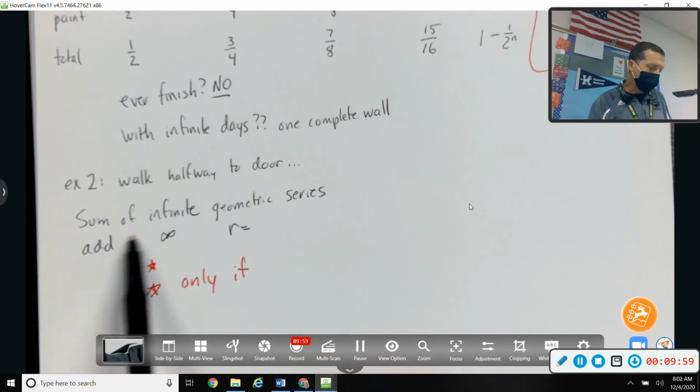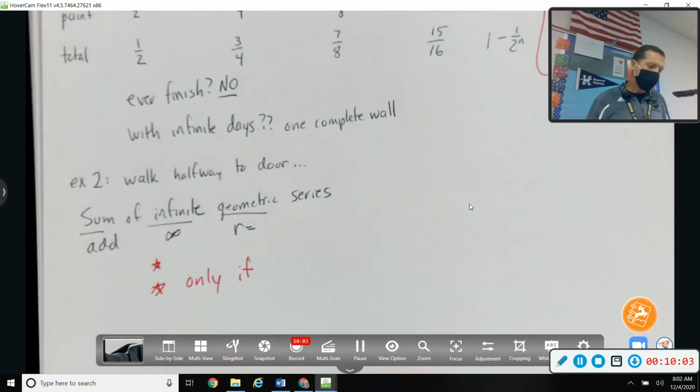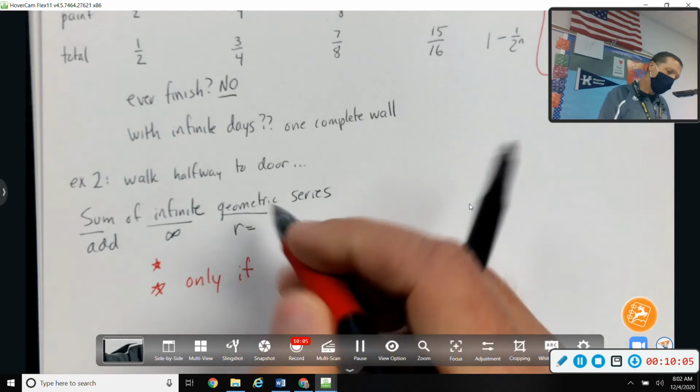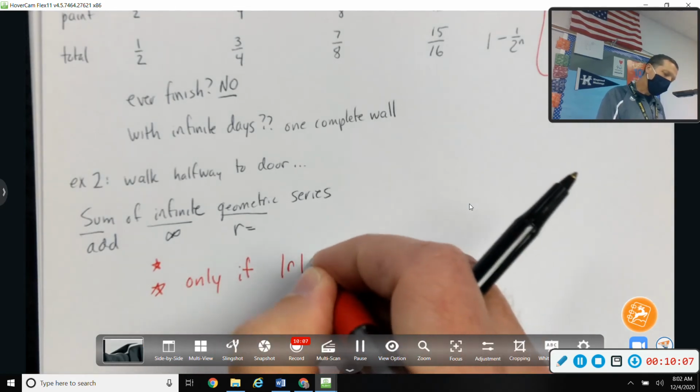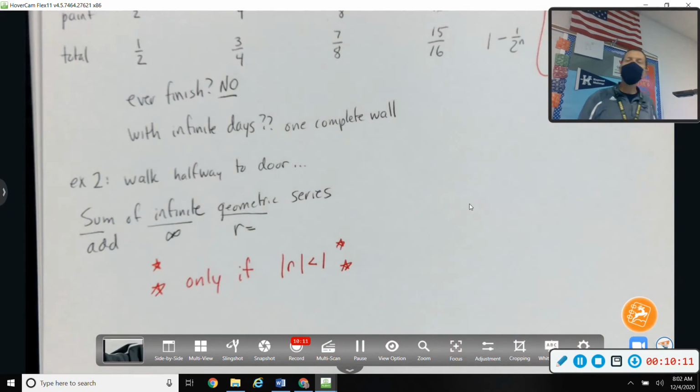But the bottom line is you can take the sum of an infinite geometric series if r, the absolute value of r, is less than 1. So if you're multiplying by a smaller number, right? If you're multiplying by a bigger number, obviously that's not going to work. If you paint one wall today and 2 walls tomorrow and 4 walls the next day and 8 walls the next day, there's no way to add that up.